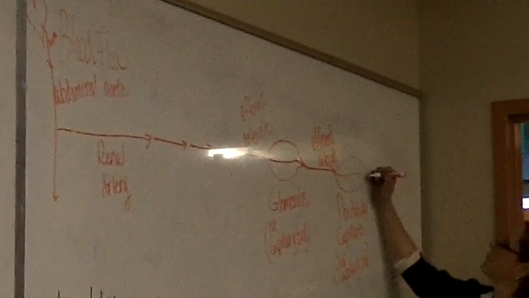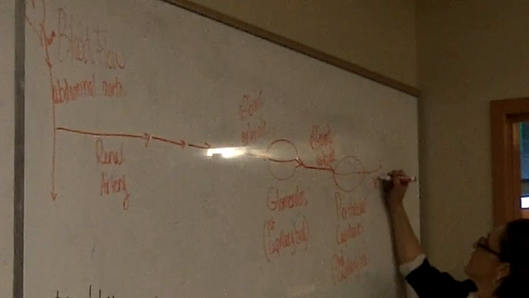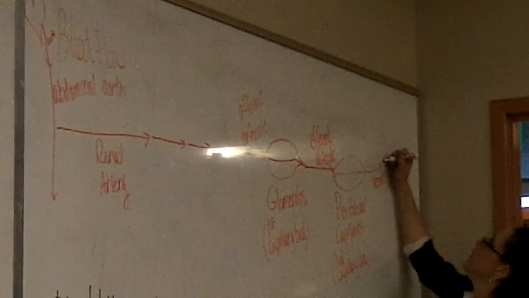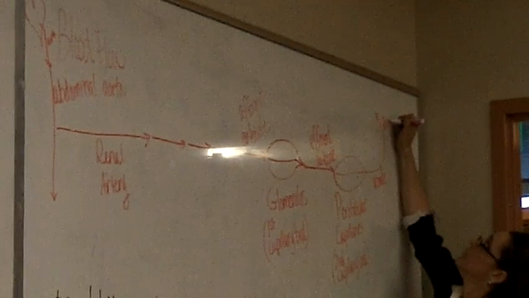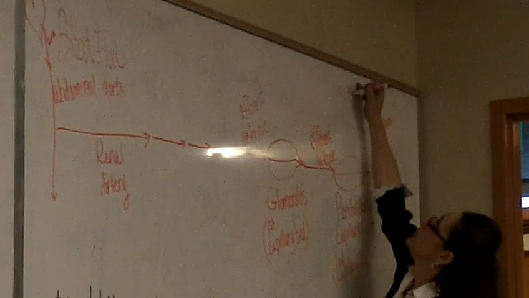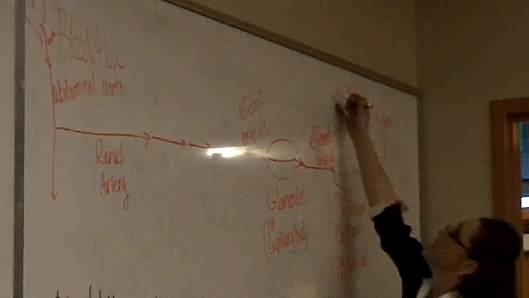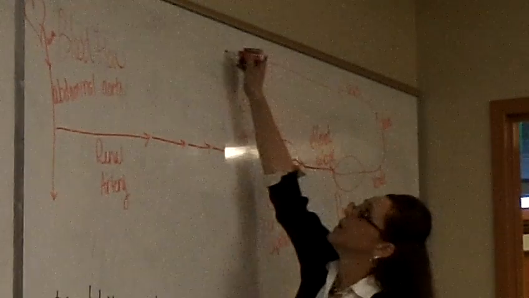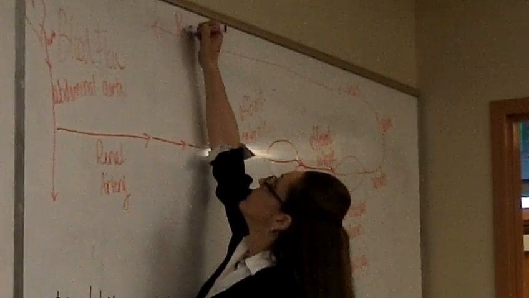And leaving the peritubular capillaries, now we're going to go into a venule, and then those venules are going to drain into veins, and those veins are going to converge into larger and less numerous veins until eventually we are leaving the kidney through the renal vein.